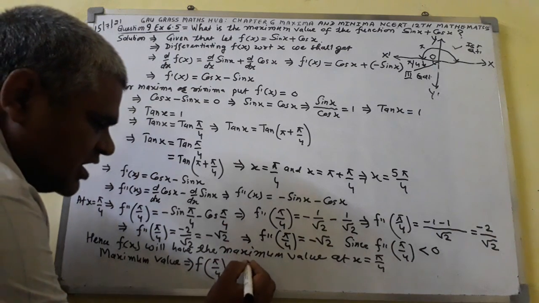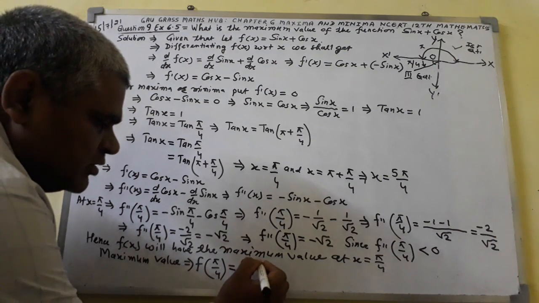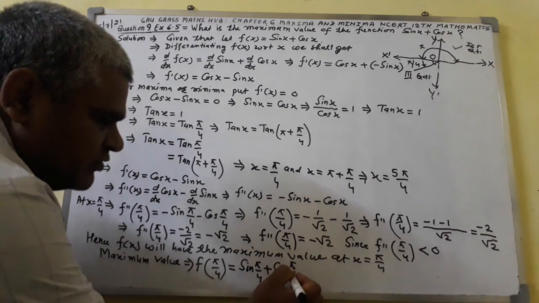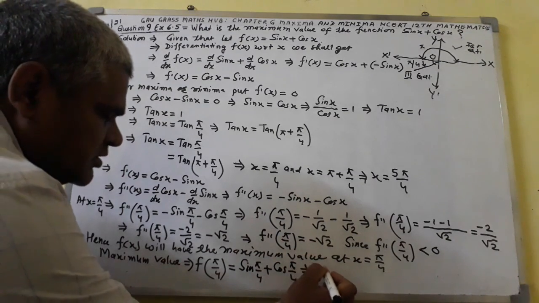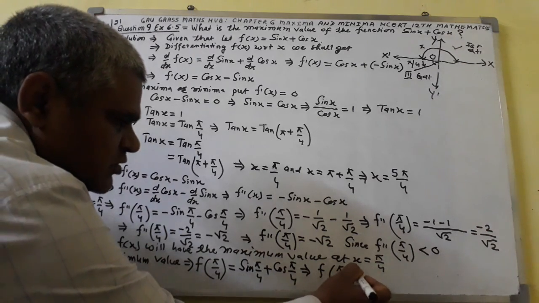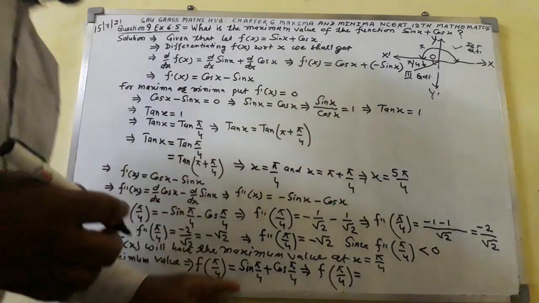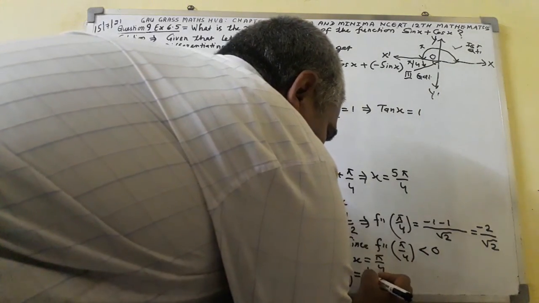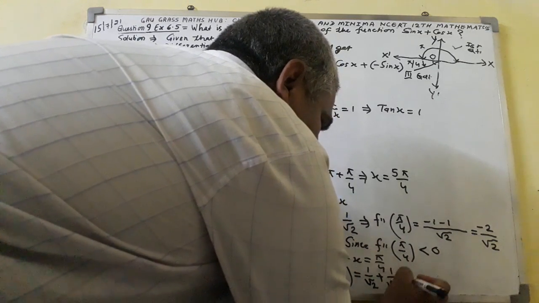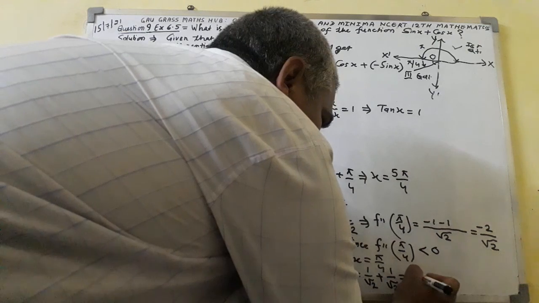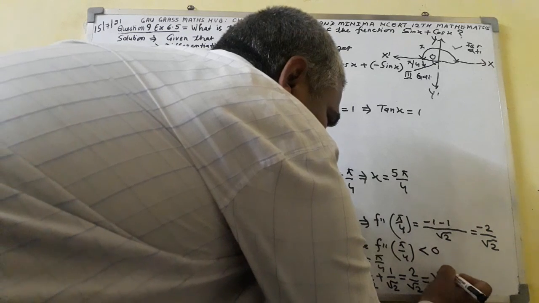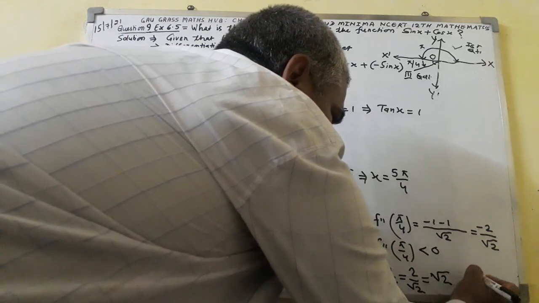So here I shall write sin pi by 4 plus cos pi by 4. You will get f of pi by 4 is equal to sin pi by 4 comes out to be 1 over under root 2 plus cos pi by 4 comes out to be 1 over under root 2. You will get 2 over under root 2, which is under root 2. This will be the correct answer you have got.